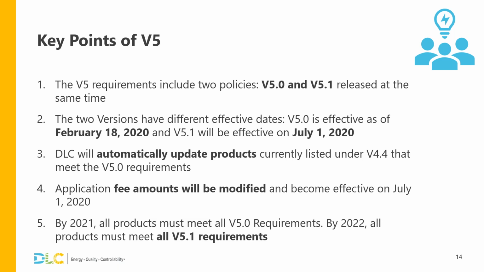Finally, we'll go over the timeline in more detail a few more times throughout the presentation, but the take-home message here is that by 2021, all products must meet the 5.0 requirements, and by 2022, all products must meet the version 5.1 requirements.